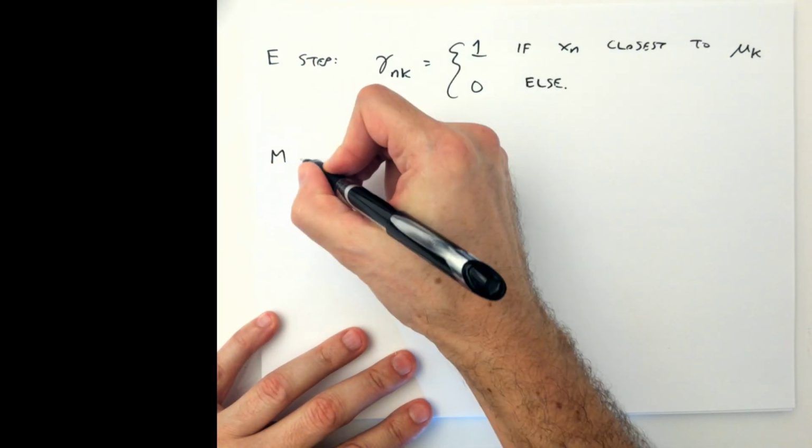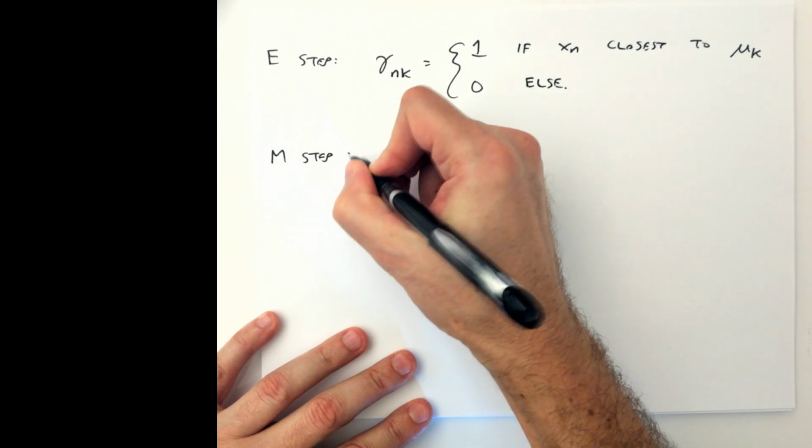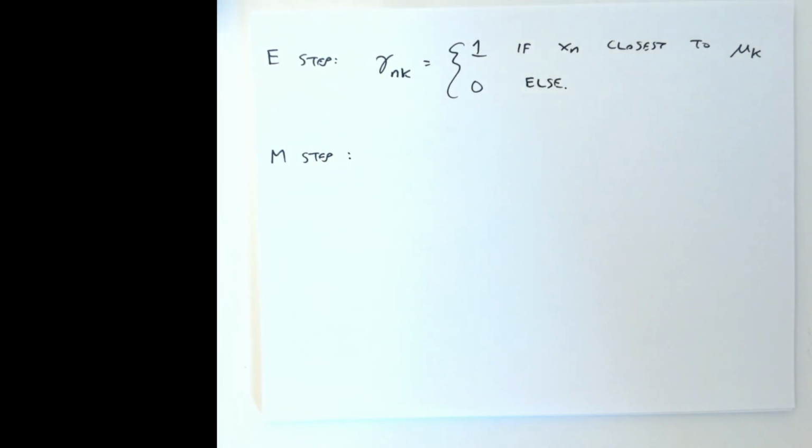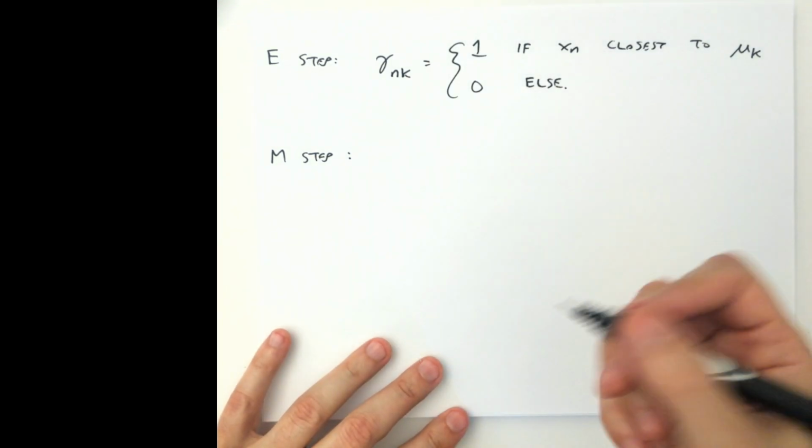Conversely, if I have a bunch of points, the memberships are fixed, and now I want to estimate the best cluster center, the natural thing to do is to take the average of all the points. What's the best thing that represents all these points? It's the mean of the set of points.